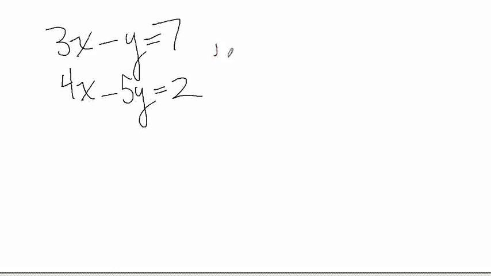In the first equation, I will add y and subtract 7 from both sides. So if I do that, I will have 3x minus 7 on the left side and y on the right side. Now I have an expression I can replace y with in the second black equation.